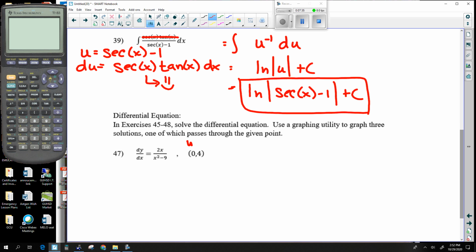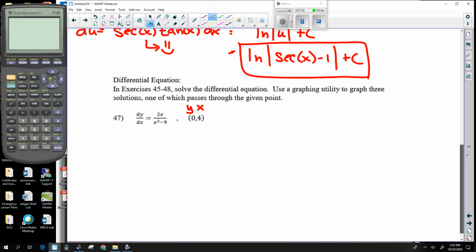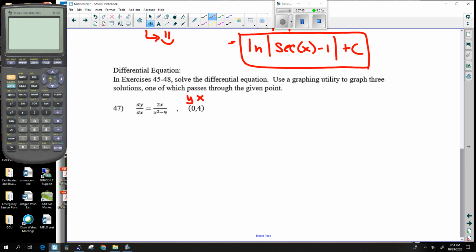All right, so this is a y and this is an x. So they want to find the solution. Graph 3 solutions. I think I did this on the answer key. 3 solutions, huh? Okay. 1 through that point. Okay.